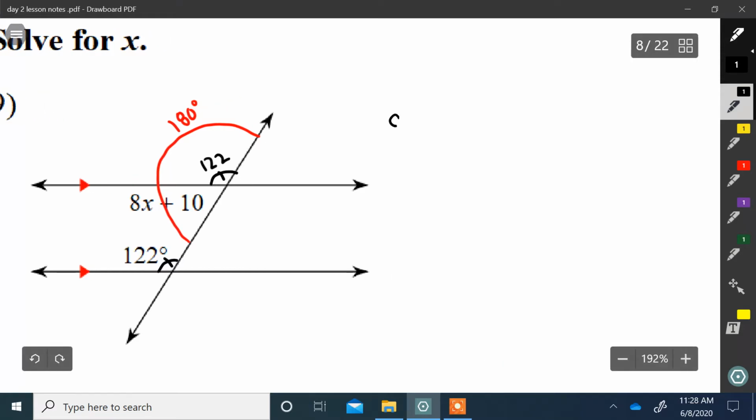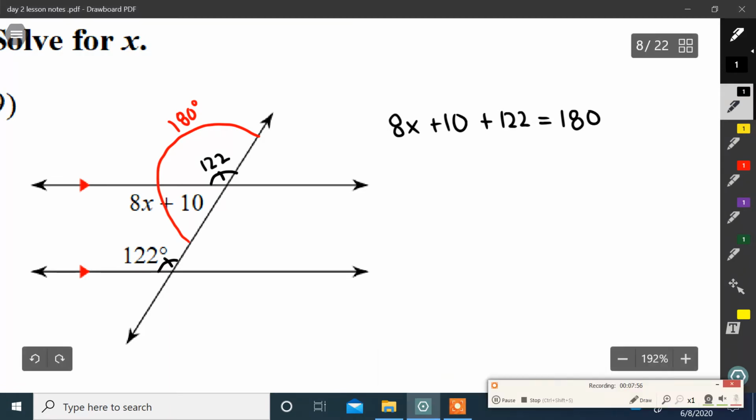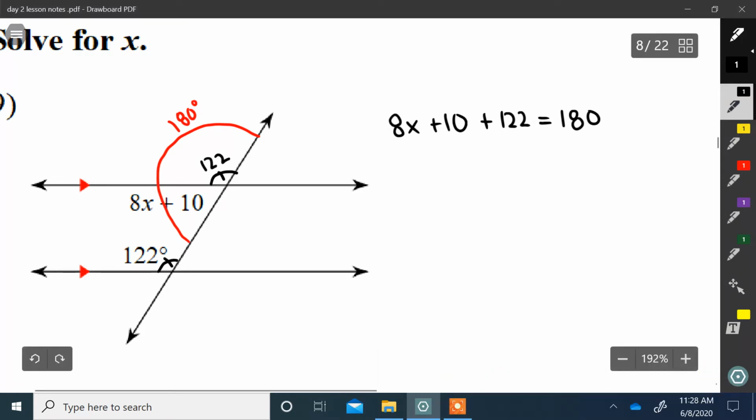Well, it means that 8x plus 10 plus 122, that's all going to add up to 180 degrees. This will allow us to solve for x. Okay, so I'm gonna add 10 plus 122 there.